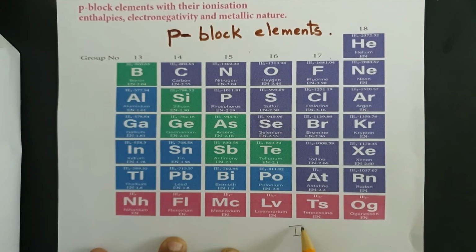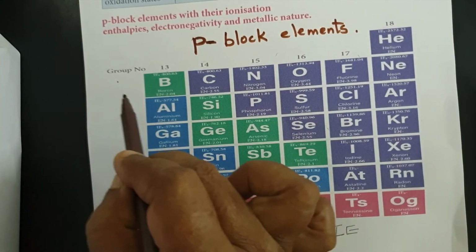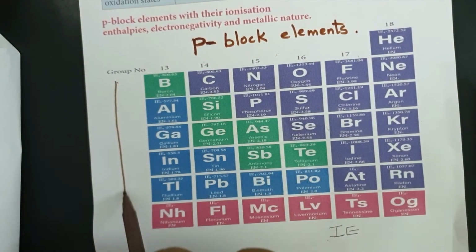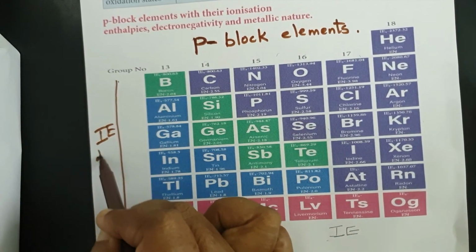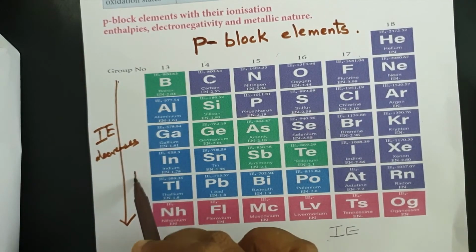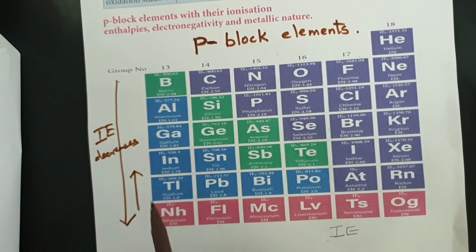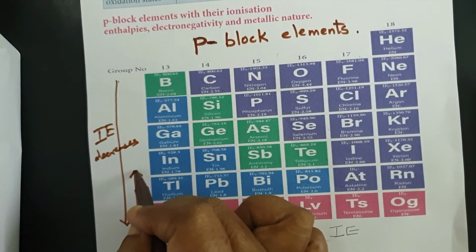This ionization energy for removing the first electron is called the first ionization energy, and you can also have the second ionization energy. The ionization energy decreases down the group, whereas the metallic character increases down the group.